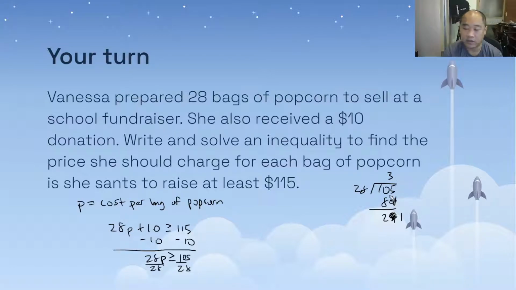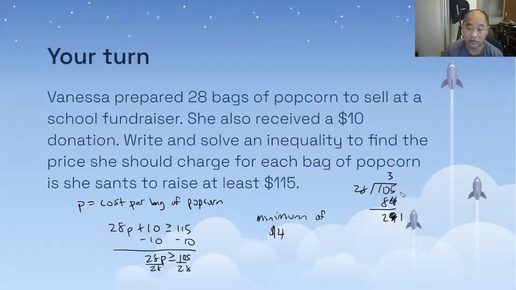So again, we don't need to go any further than this, right? Well, they need to sell for a minimum of $4, right? Because if it's $3, it's not going to be quite enough. So, minimum of $4, because this is going to be 3 point something.